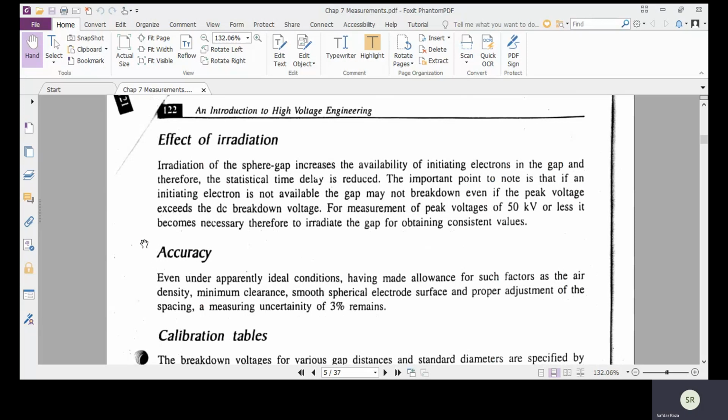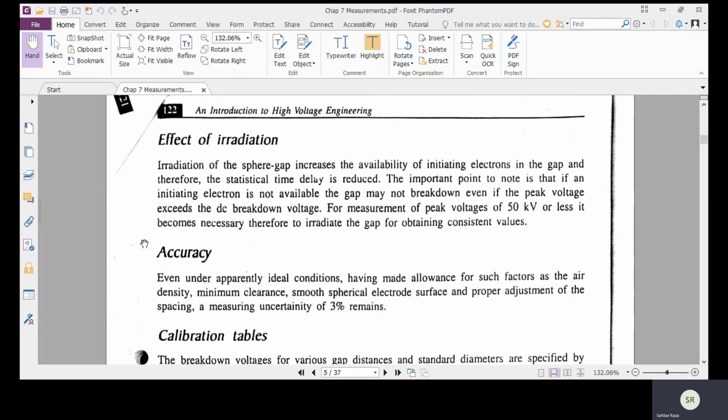Because in the previous lecture and in today's lecture, our requirement is that there must be a uniform electric field between the two spheres. As the distance s increases, the field will not be uniform, and our requirement is that it should be uniform.